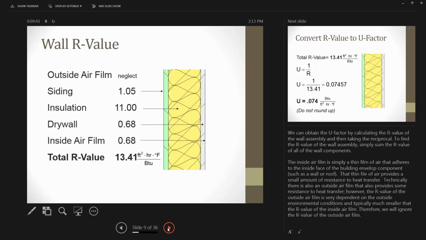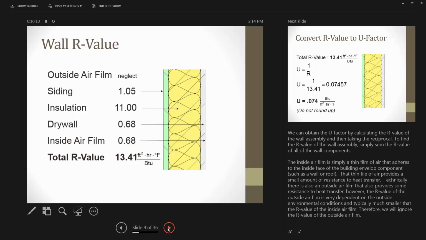So you've got your siding, insulation, drywall, and then there actually is a real thin film of air that adheres to both the inside and the outside of the walls, and believe it or not, does actually act as a resistant barrier. It's very minor, but you can see the 0.68 credit for that.